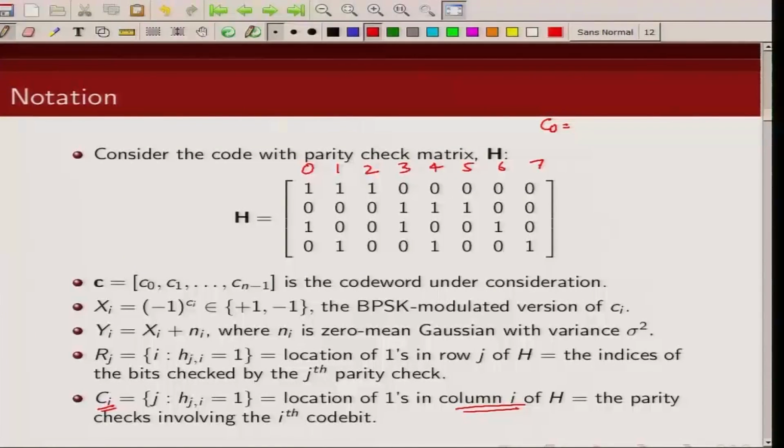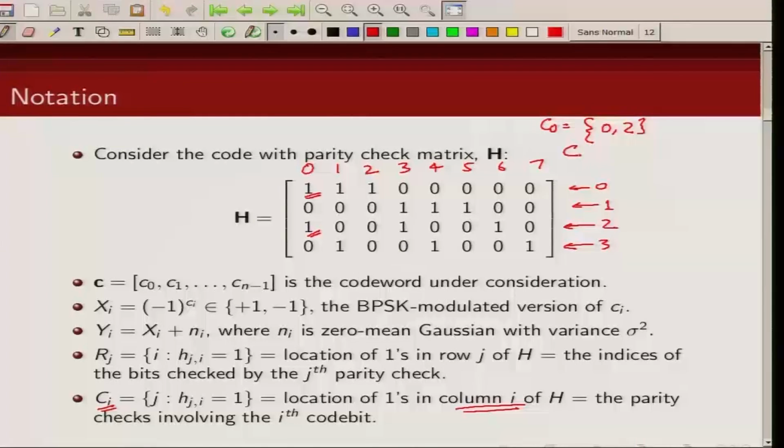If we look at column 0, you can see this bit is participating in the 0th parity check equation and the second parity check equation. So C0 will be 0 and 2.